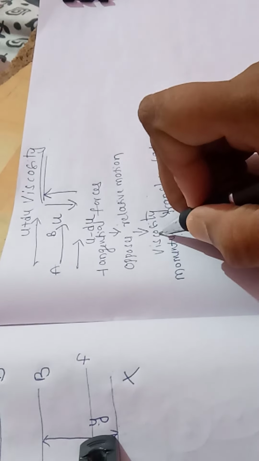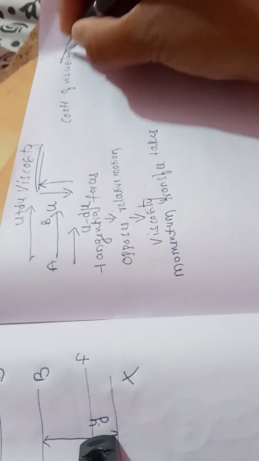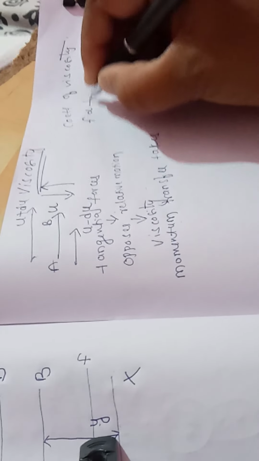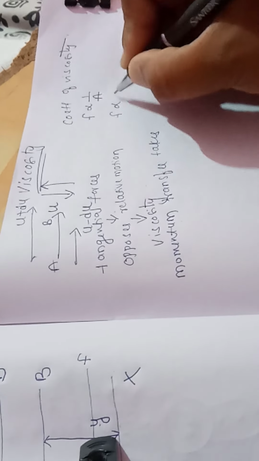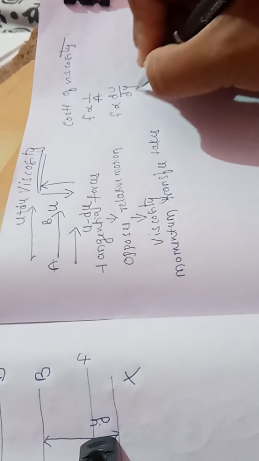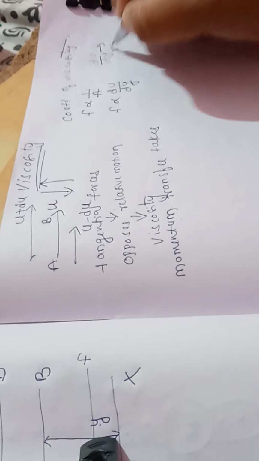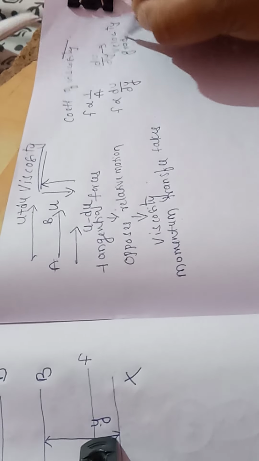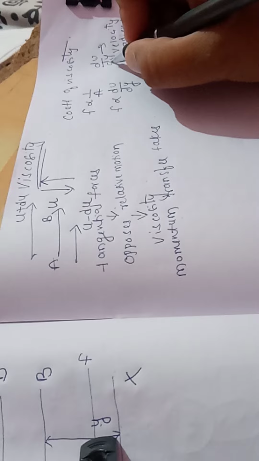Now, coefficient of viscosity. The tangential force is inversely proportional to the area of cross section of the layers and directly proportional to the velocity gradient. du by dy we call the velocity gradient. Velocity gradient means the change in velocity with respect to distance.